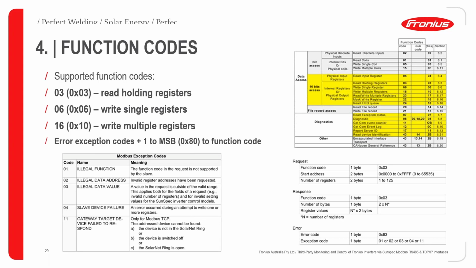Function codes. As you all know, Modbus comes with predefined function codes that you need to use in order to do something with the data, either read or write. We support three typical function codes: 03, 06, and 16 in decimal, which are read holding registers, write single register, and write multiple registers.